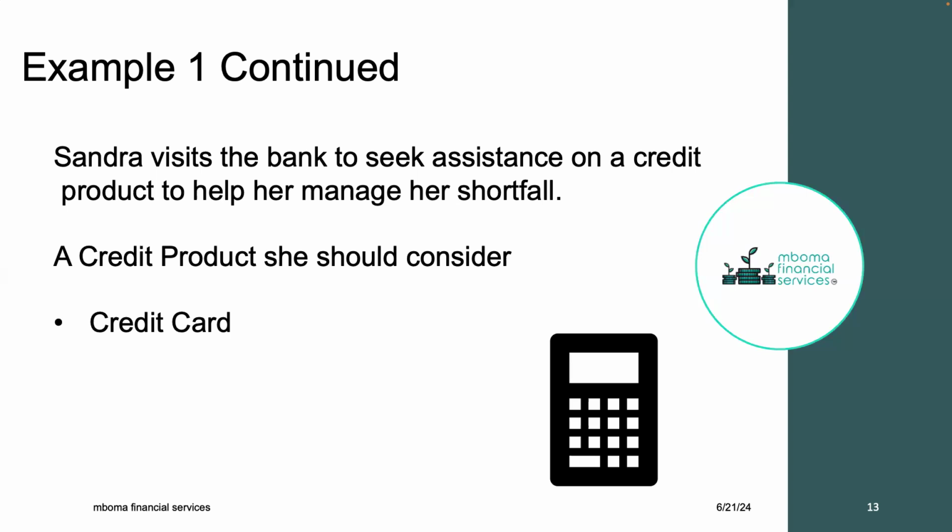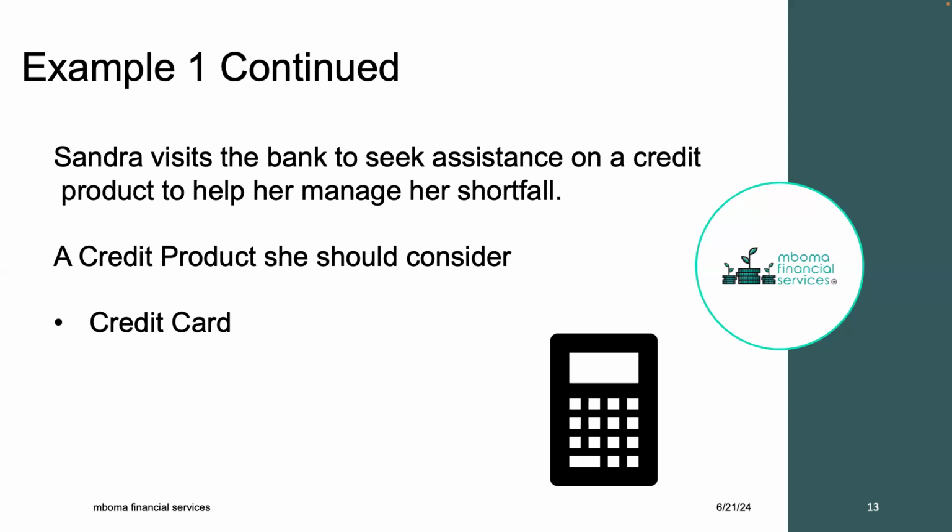And the other reason I like the credit card for this particular situation is that she'll be able to buy groceries, pay for electricity, maybe pay her suppliers, because that's money she has on that credit card, and she can utilize it for whatever she pleases at that point in time, right?